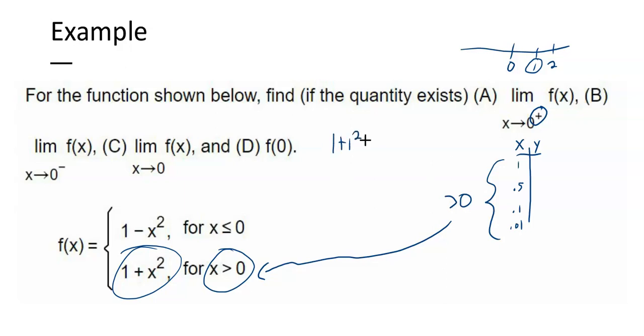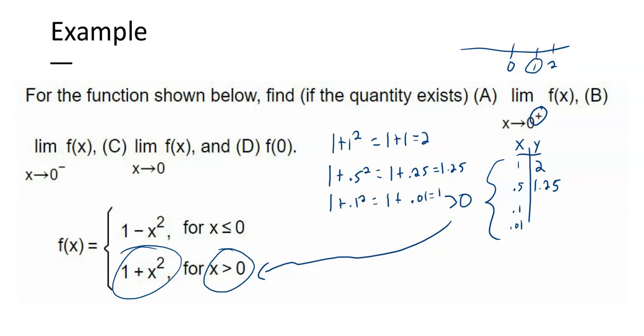We will have 1 plus 1 squared, which is going to give me 1 plus 1, which gives me 2, right? When I plug in 1 there. 1 plus 0.5 squared, that's going to give me 1 plus 0.25, which gives me 1.25. So again, use a calculator if you need to. 1 plus 0.1 squared gives me 1 plus 0.01, which gives me 1.01. 1 plus 0.01 squared is going to give me 1 plus 0.0001, which is going to be 1.0001.